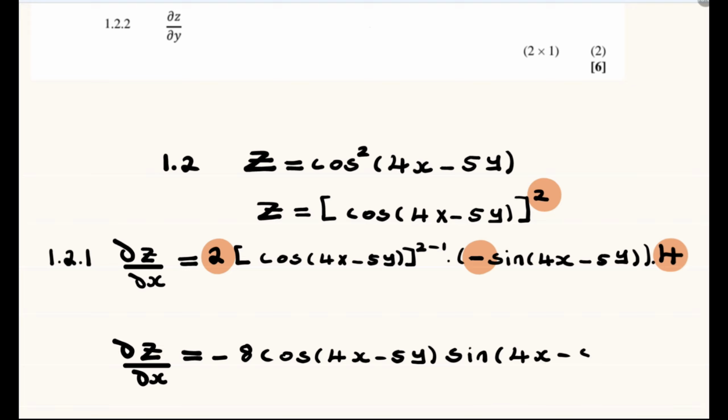1.2.2, we have the partial derivative of z with respect to the partial derivative of y. So we treat the x as a constant, and we differentiate that z.